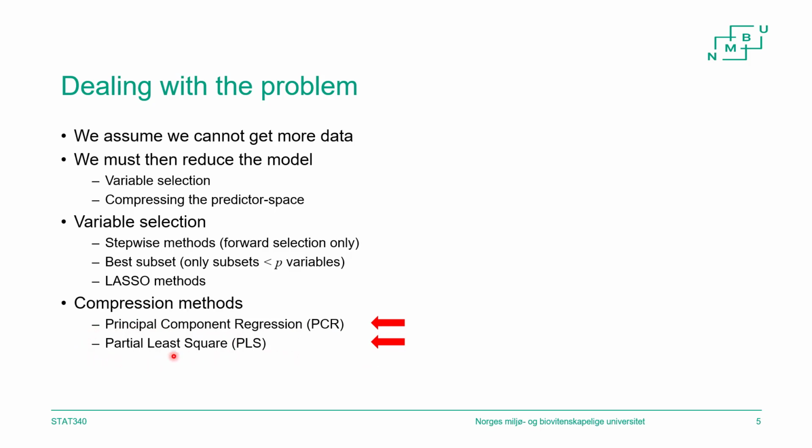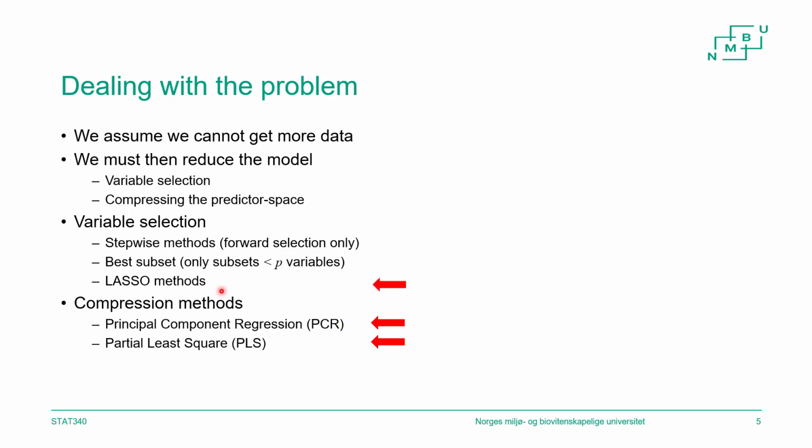Since we are at NMU, we should know a little bit about this method simply because it is so much used in some fields of science that we cover. But in other fields of science, it's not used that much. Principal component regression is used quite a lot, I would say, in all cases.